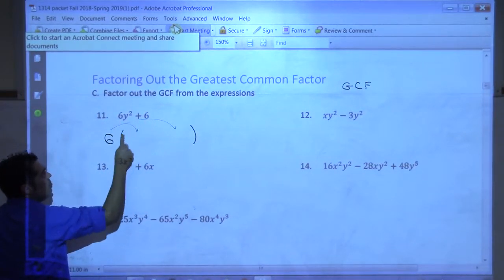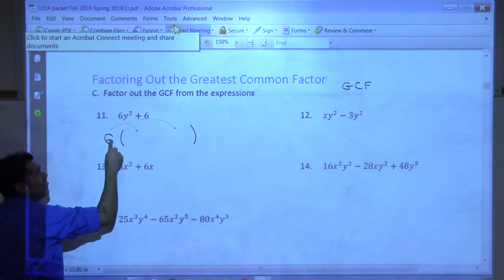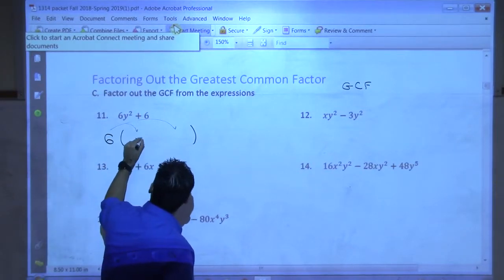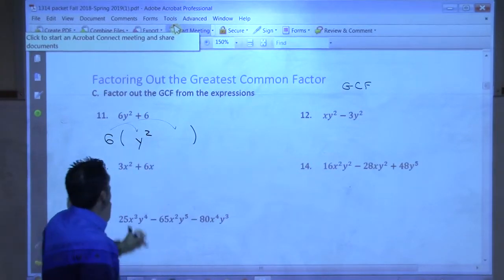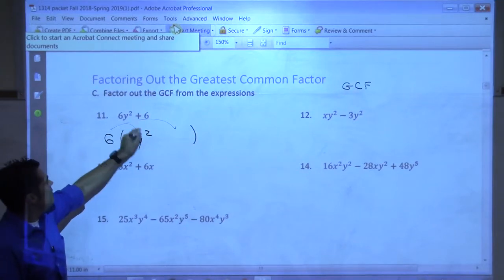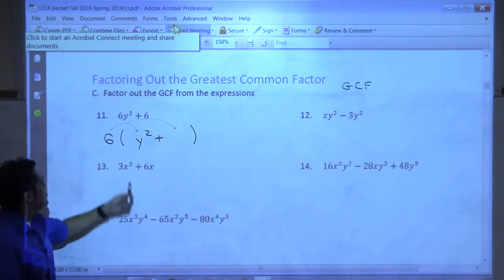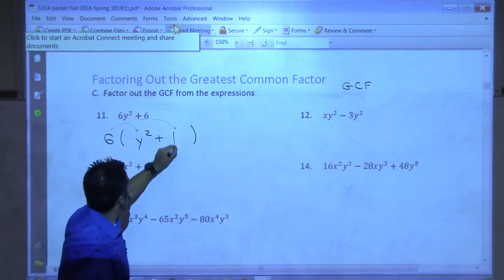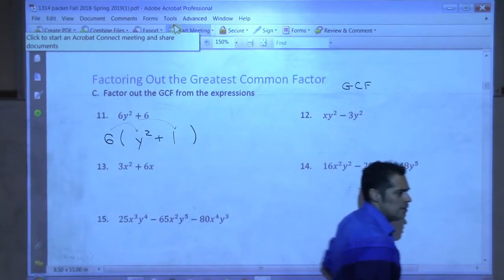So what would I have to multiply 6 by to get 6y squared? Just the y squared, because I already have a 6. So I put y squared here. And then there's a plus here, so I'm just going to put plus. Now what would you have to multiply 6 by to get back this 6? 1. And that's it. That is the answer.